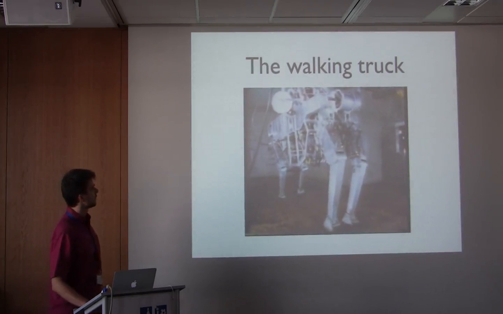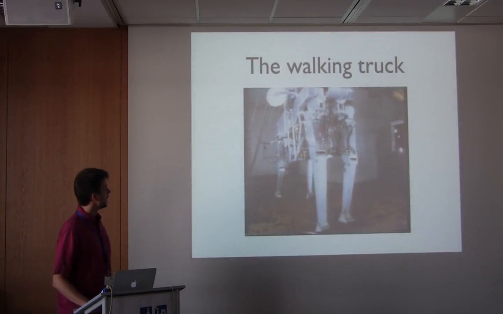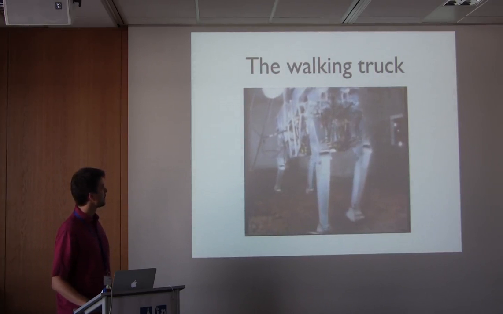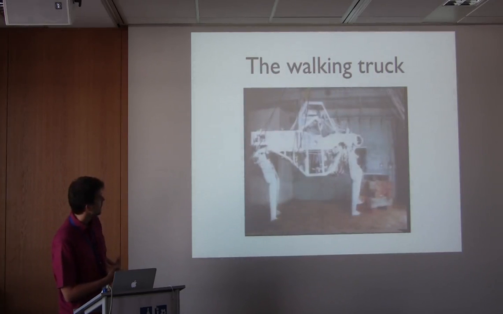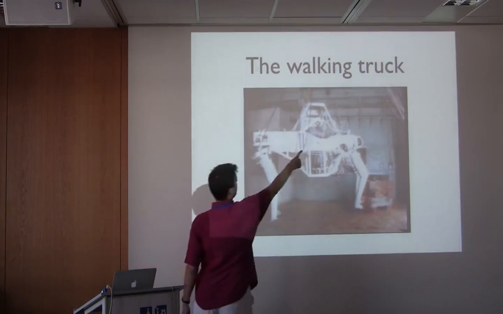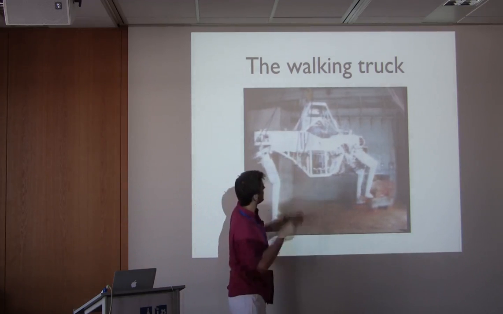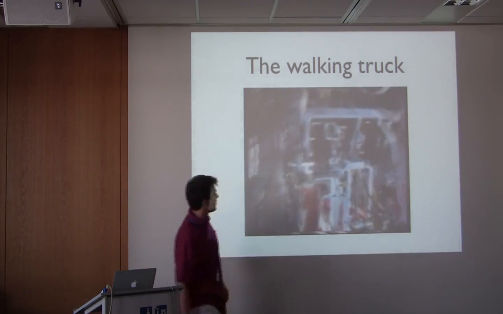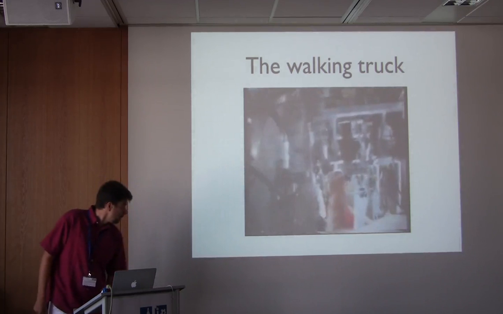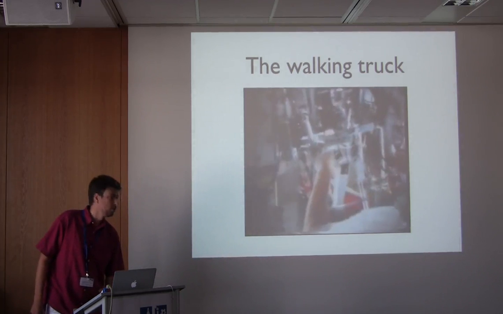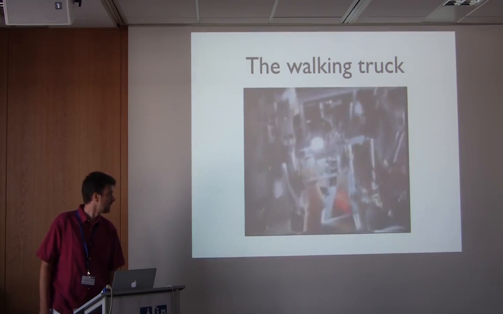So, just spend some time. This is the walking truck. So you have the driver, which is here, and you can see that when he lifts the arms and the leg, he controls everything. But I guess it was quite cool to be there, I'm sure.